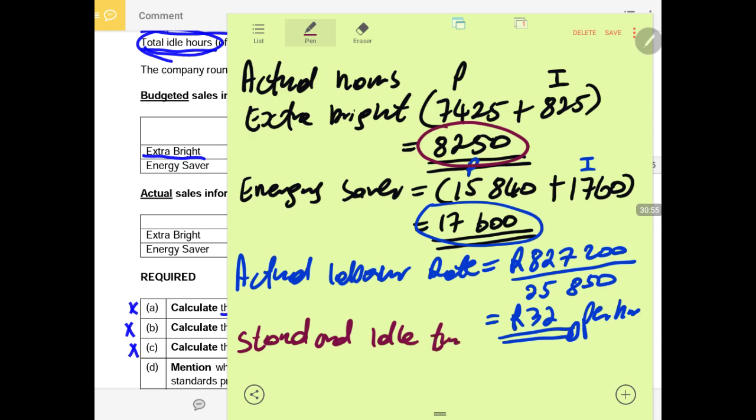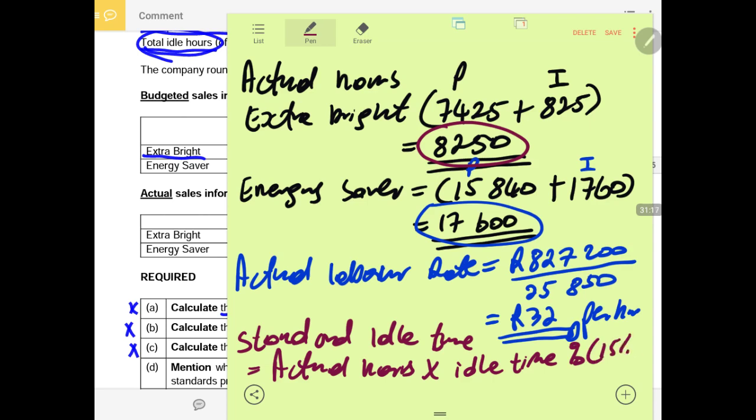Our standard idle time will be equal to hours that were worked, actual hours, times the idle time percentage. We know that the idle time percentage was 15%.